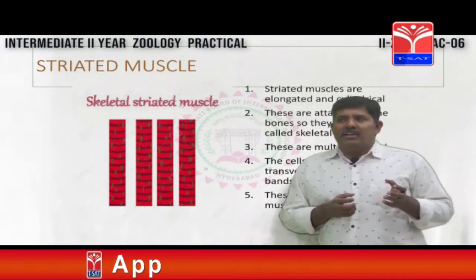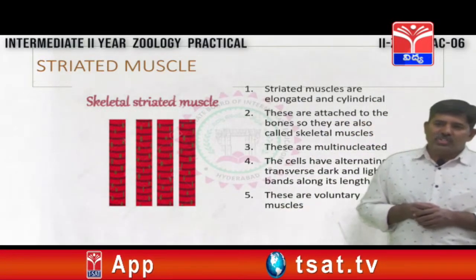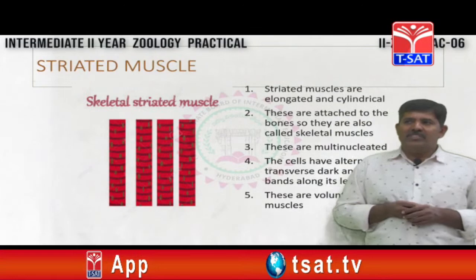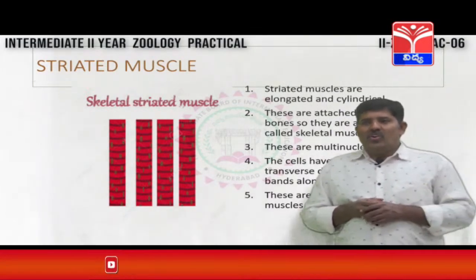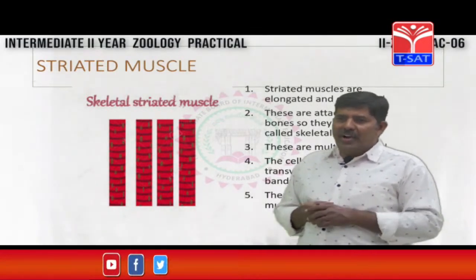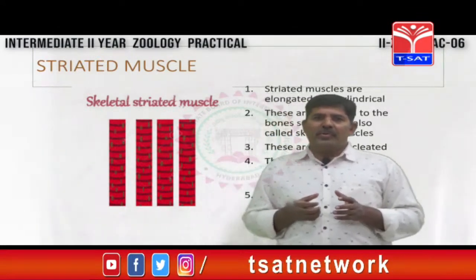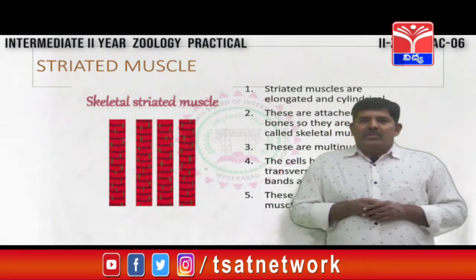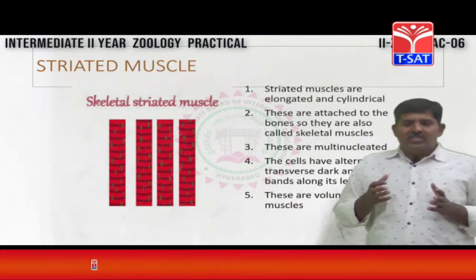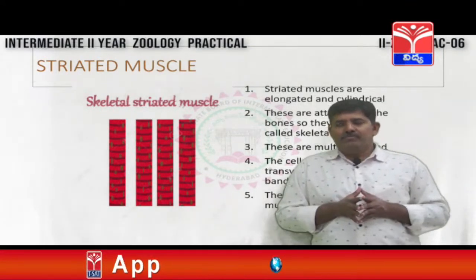So these muscles are operated by a particular organ, that's why they are called voluntary muscles. They also lead to fatigue. So this is about the main characteristics of striated muscles.